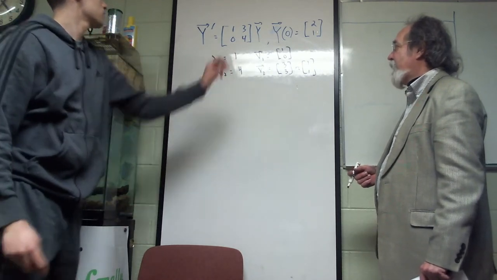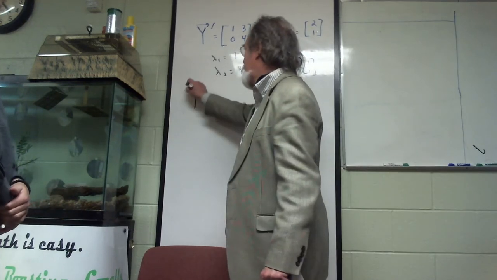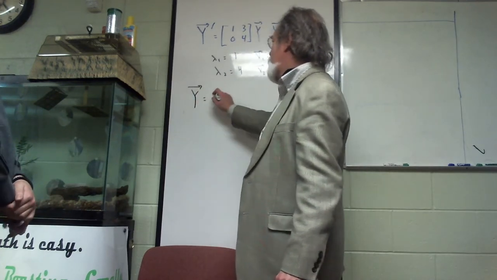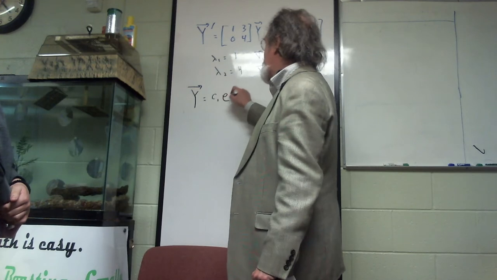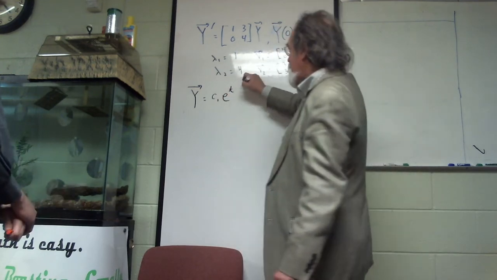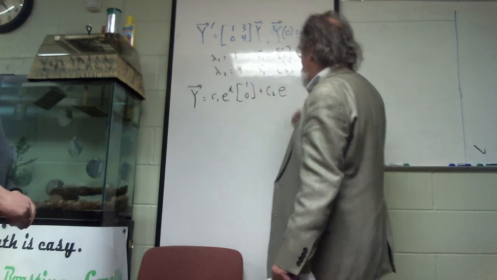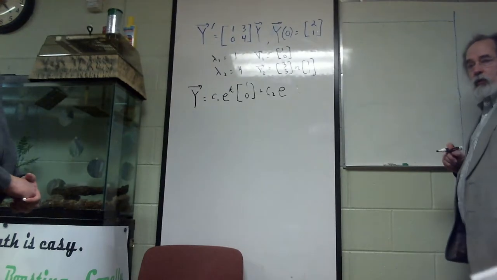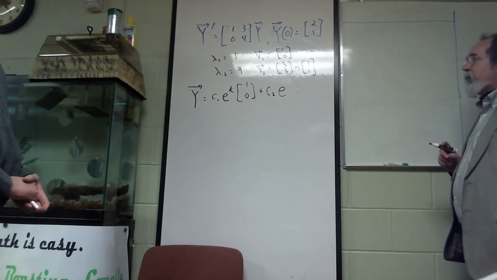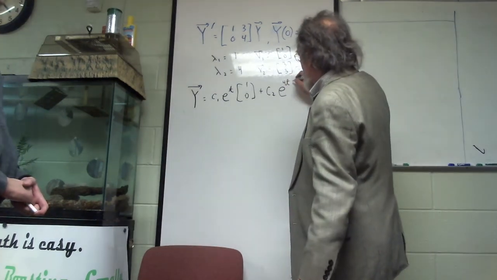All right, now, solution. Y equals C1 e to the t, that's for lambda value 1 in front of the t, vector 1, 0, plus C2 e to the 4t, vector 1, 1.